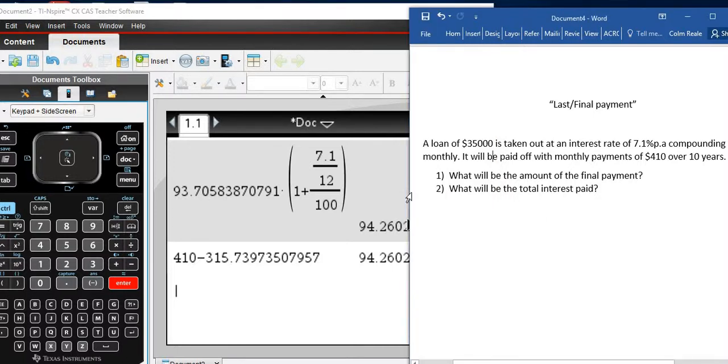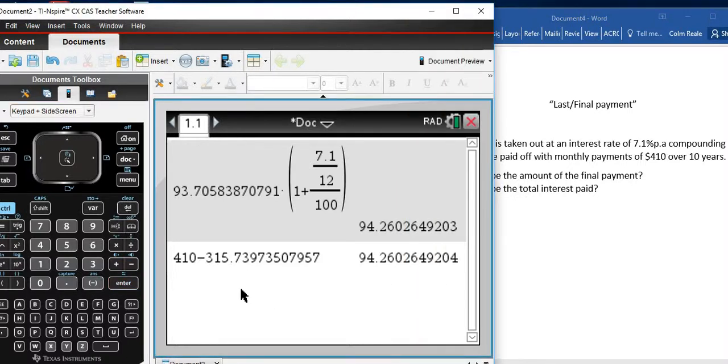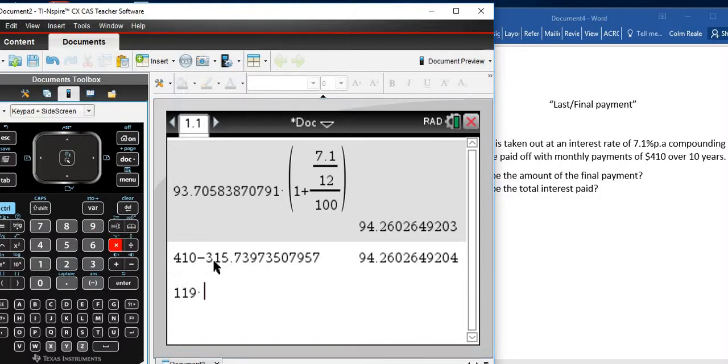Now we're also asked what will be the total interest paid. So we have 119 full payments of $410, plus our last payment, which is $94.26.